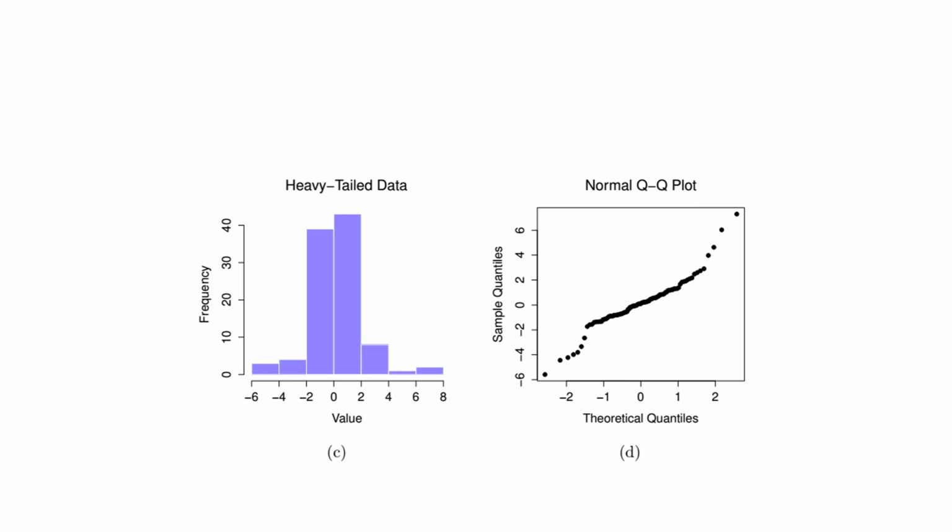And also, sometimes we have distributions which are very similar to the normal distribution, where the bulk of the data is here in the middle, but the tails are very, very heavy.